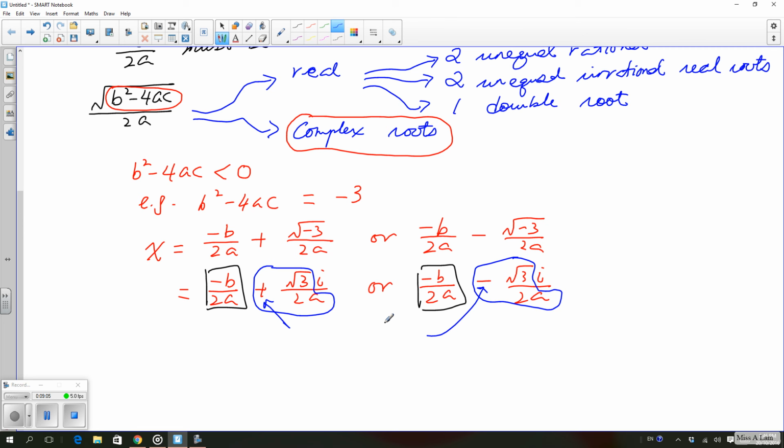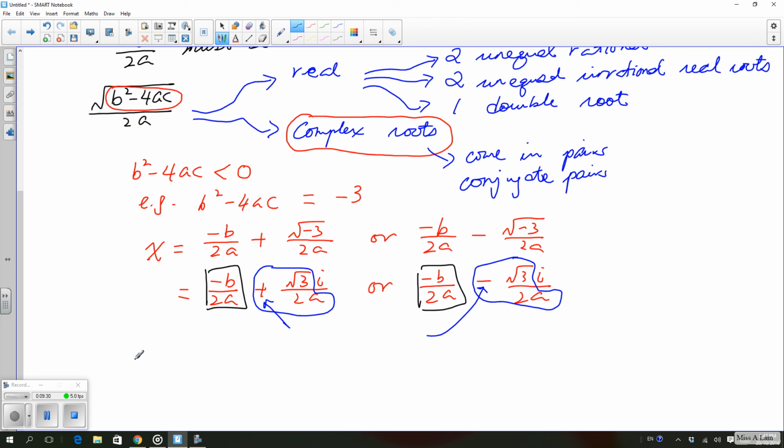Therefore, for a quadratic equation, if the equation has complex roots, the complex roots come in pairs. And this pair, we call conjugate pairs.